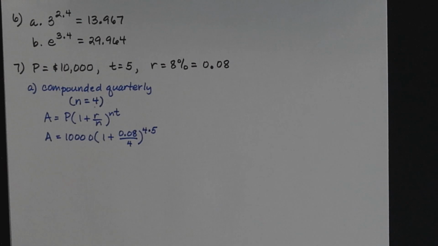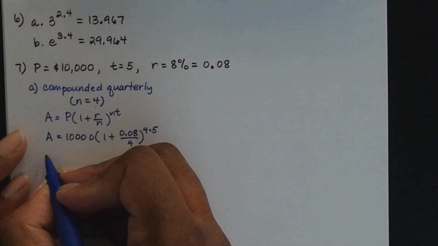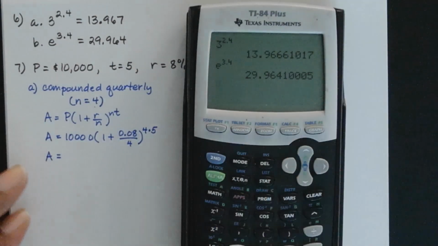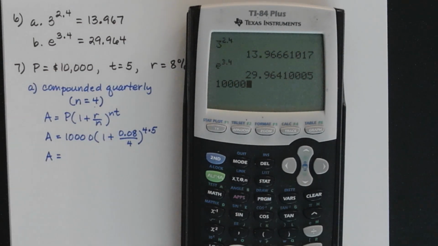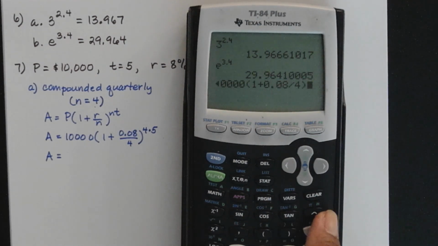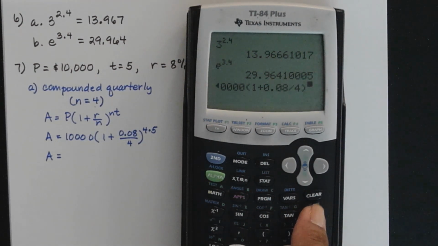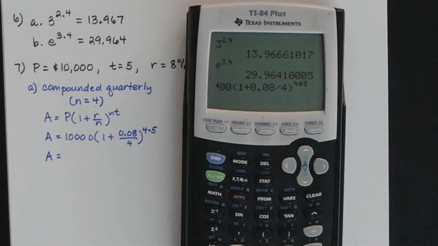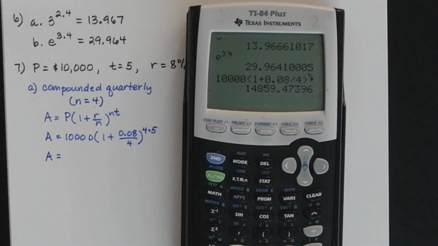Now all of this can be typed into the graphing calculator. So we type in 10,000, then left parenthesis 1 plus 0.08 divided by 4, close parenthesis, and then for the exponent, press your hat key, 4 times 5, and then hit enter.